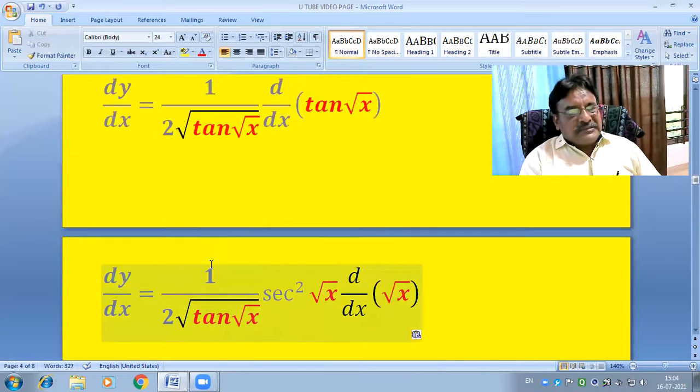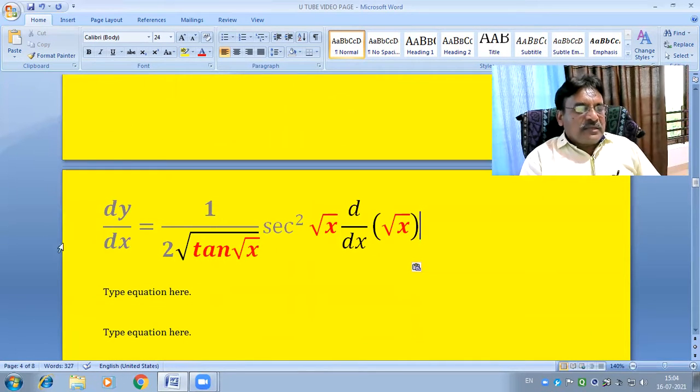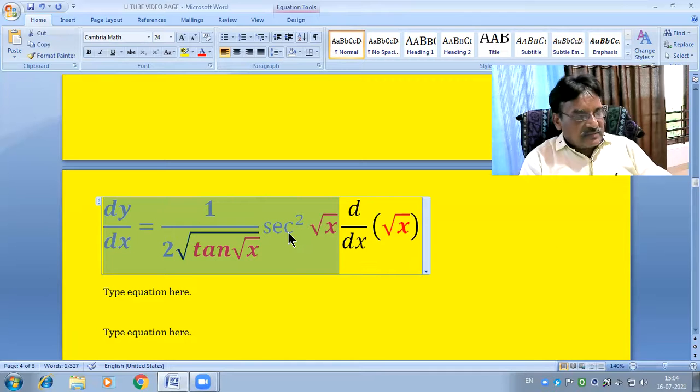Again, dy by dx is equal to 1 upon 2 under root tan root x as it is, into sec square root x into d/dx of root x, because we use the formula d/dx of tan f(x) equals sec square f(x) into f dash of x.